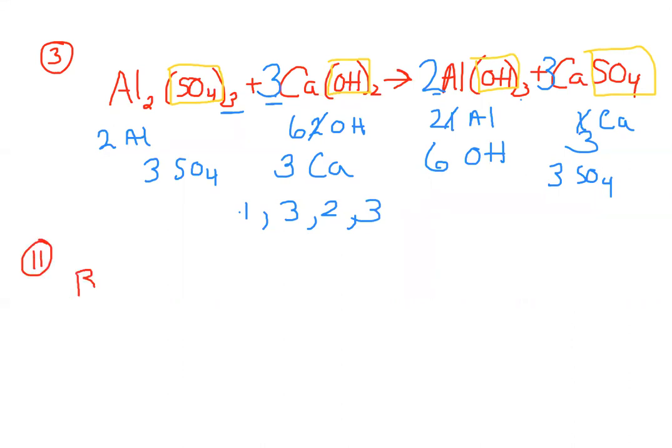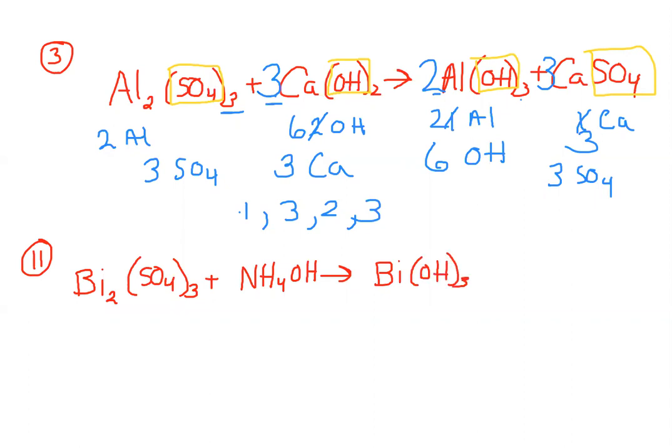Okay, we've got Bi2(SO4)3 plus NH4OH yields Bi(OH)3 plus (NH4)2SO4. All right, let's see what stays together.